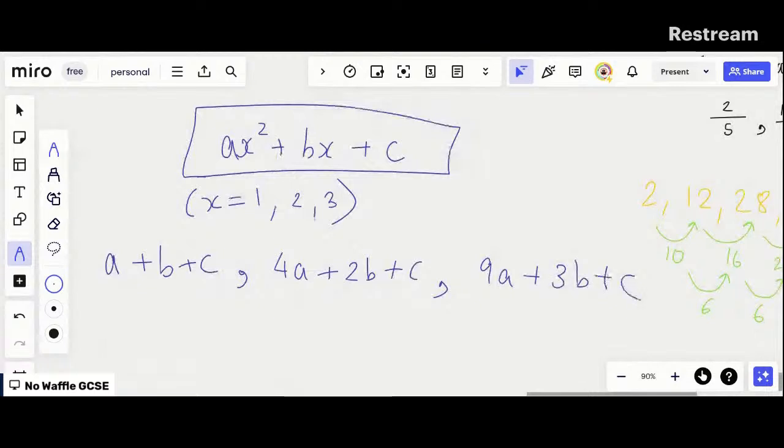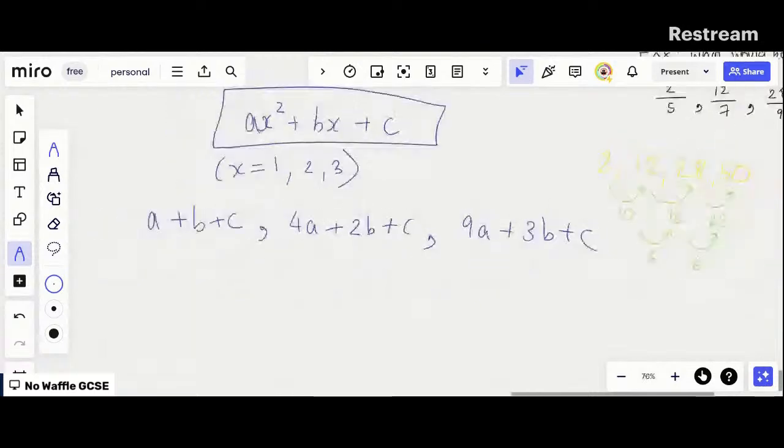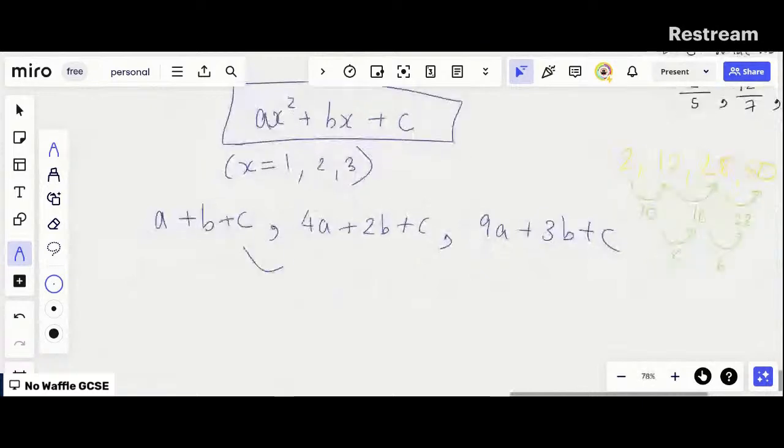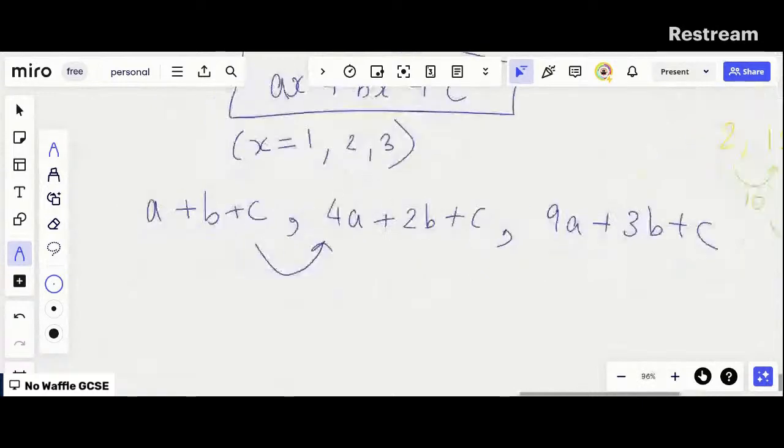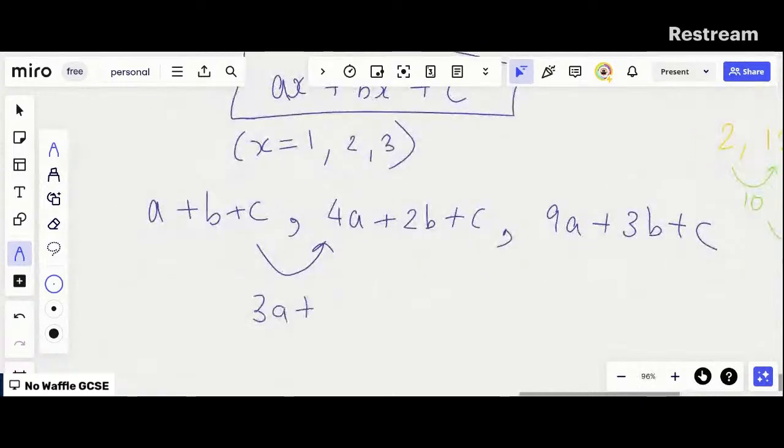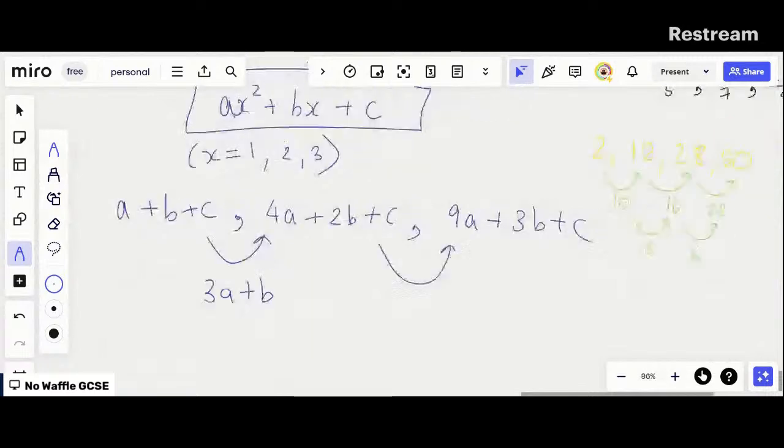So what's common between the first two? You notice you've got 3a plus b in common. And with these two terms, you've got 5a plus 2b. And I think we ignore the c's for the minute.